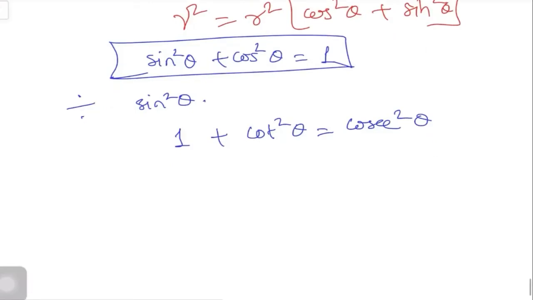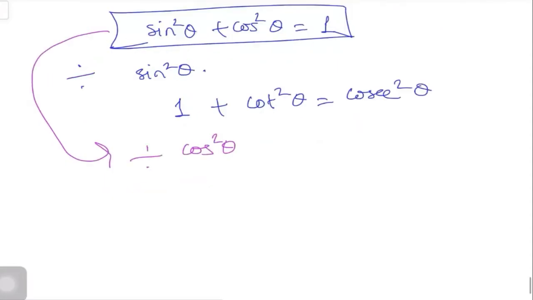Now you can divide this main equation by cos square theta. When you divide it by cos square theta, what you will be getting is sine square upon cos square, that is tan square, plus cos square upon cos square, that is 1, which is equal to 1 upon cos square theta, which is nothing but sec square theta, right?